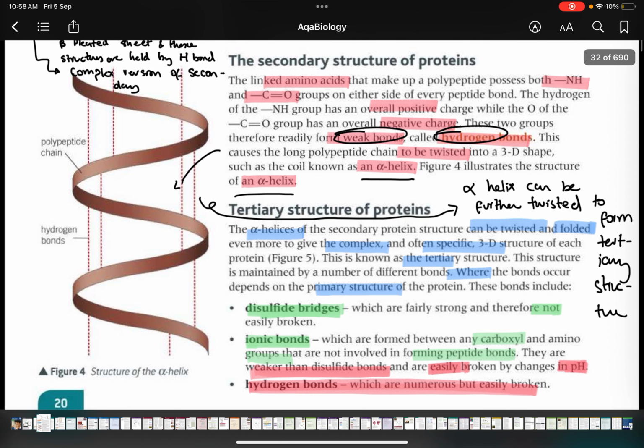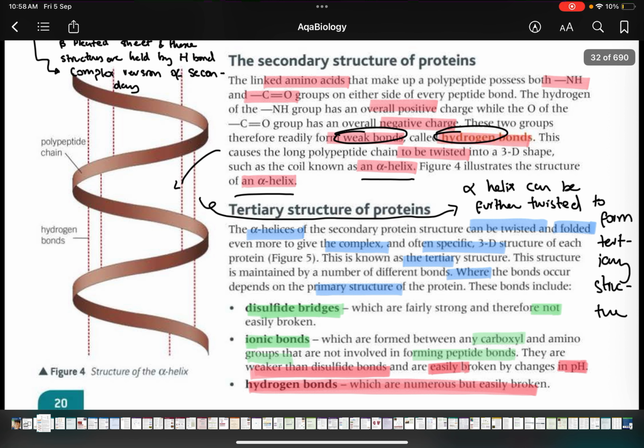So we're going to start with the secondary structure. The linked amino acid groups that make up the polypeptide possess both the NH and the C double bond O groups on either side. The hydrogen of the NH group has an overall positive charge, while the oxygen has a negative charge, so this forms a weak bond known as a hydrogen bond.